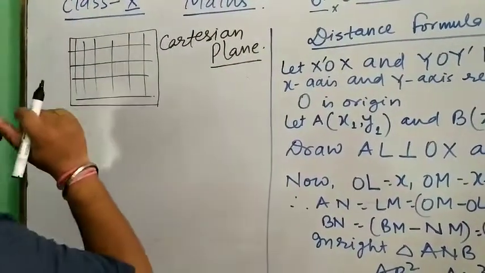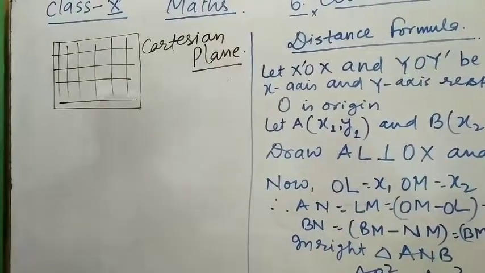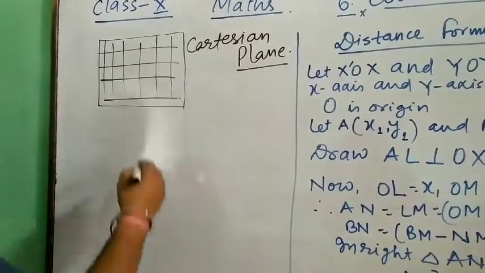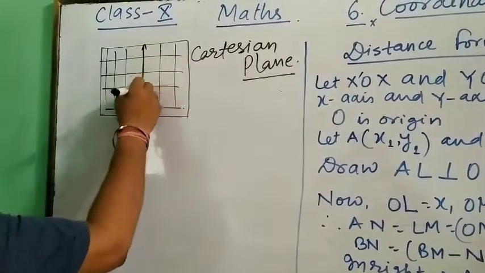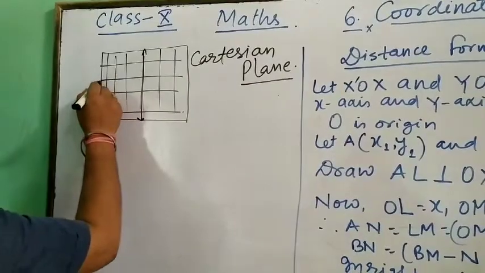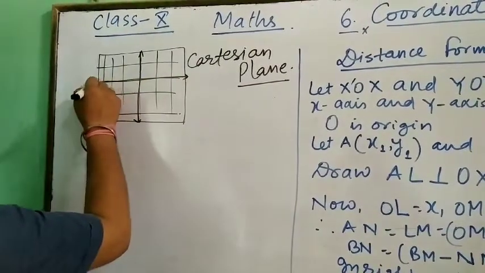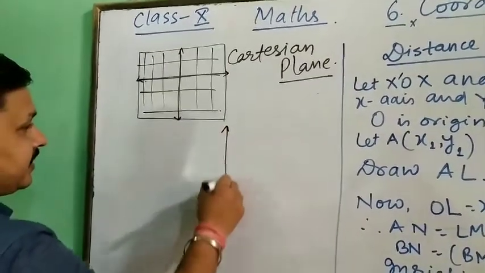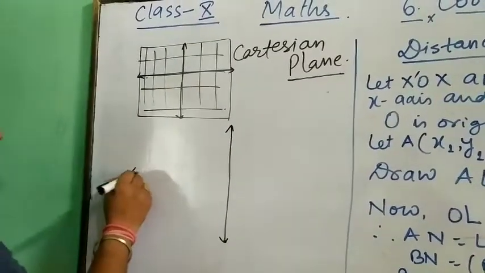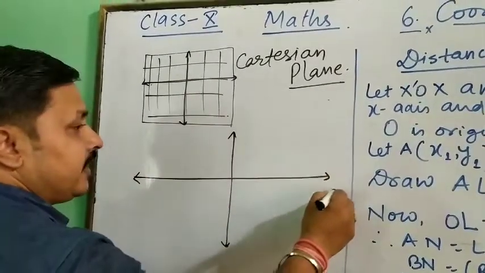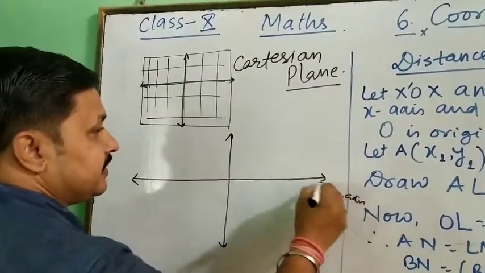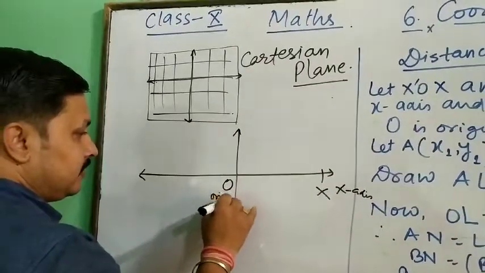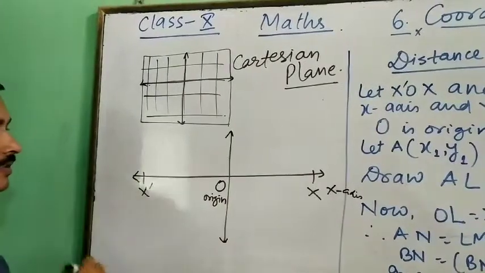In the coordinate geometry or in the Cartesian plane, every vertical line and horizontal line intersect at a point. This is the x-axis, known as X'OX, where O is the origin and this is X'.